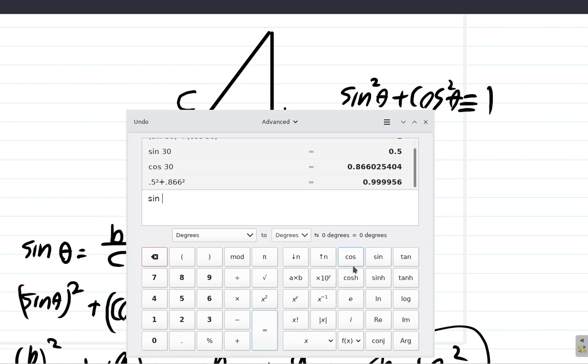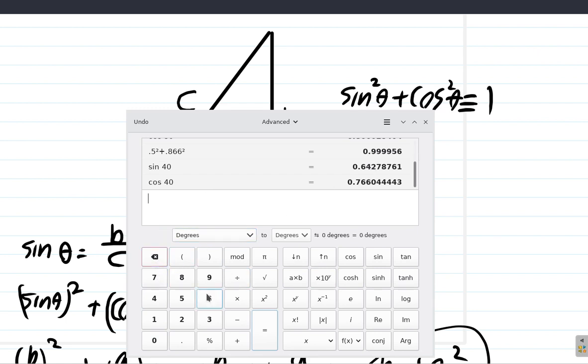Let's find the sine of any number. 40. Sine 40 is 0.64278 and so on. Alright, we see it here. What's the cosine of 40? This is what we get.